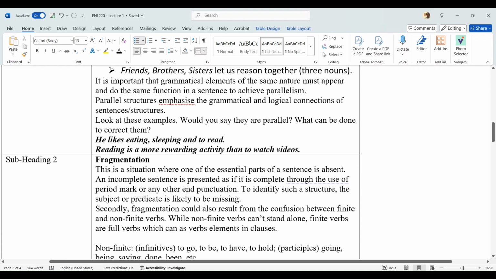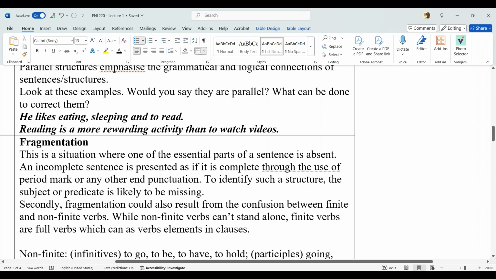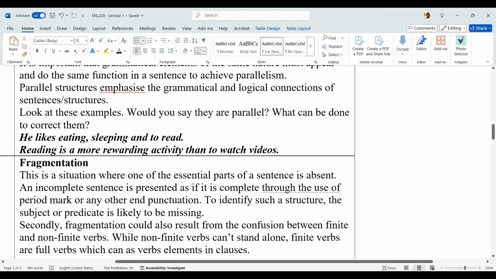We see other examples: friends, brothers, and sisters, let us reason together. So you have friends, brothers, sisters. These are three nouns again. It's important that grammatical elements of the same nature appear together. They have to be of the same grammatical category.